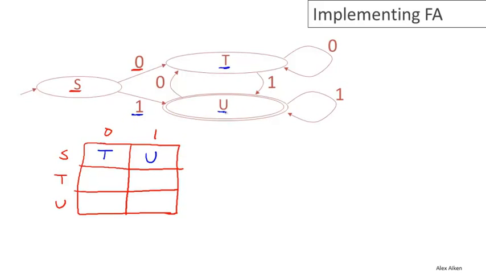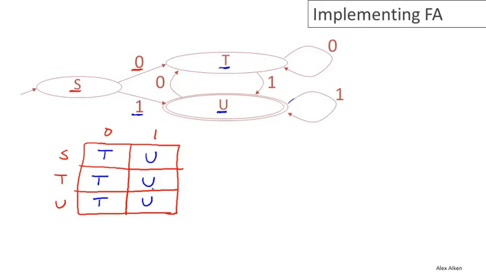On 1 we go to U, and on 0 we stay in T. So this row is also T, U. And finally for U, what happens? Well, on 0 we go to T, and on 1 we stay in U. So this row is also T, U. And there's our table. That describes the transition relation of the automaton.